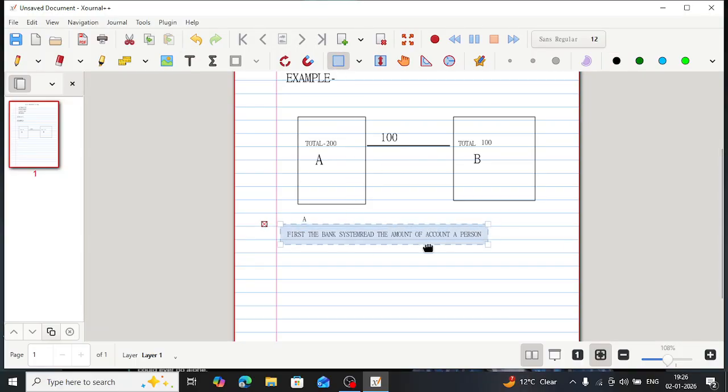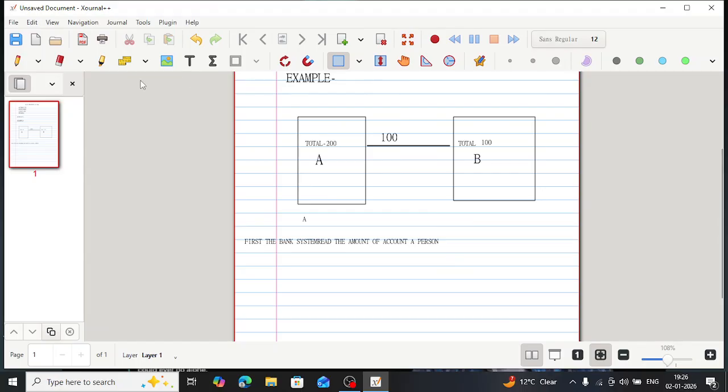The bank system checks whether the total amount is greater than or less than the sending amount.